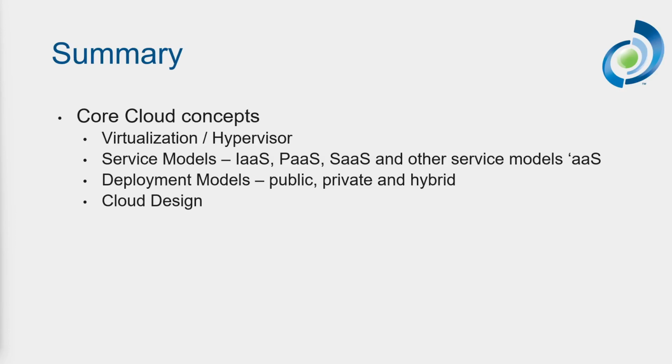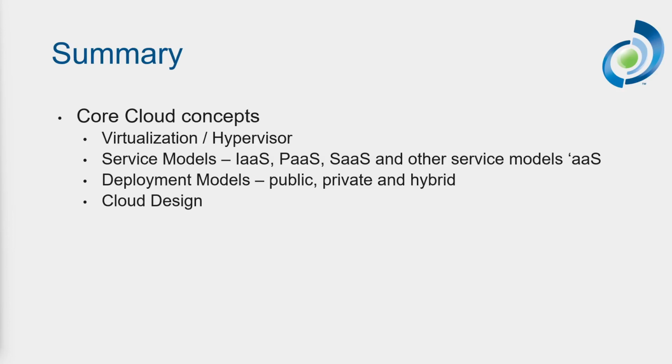Just remember, our private model means that we own it. We own the building, we own everything about it, and we're working in our own world, creating our own cloud. Public is where we go out to someone like AWS, Microsoft Azure, Google, and we build an environment out there on the cloud service provider. And then hybrid is just a combination of both.